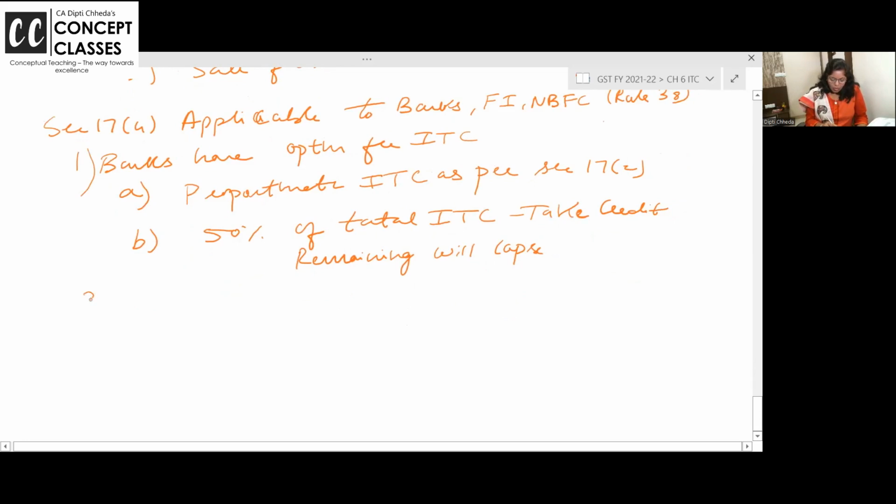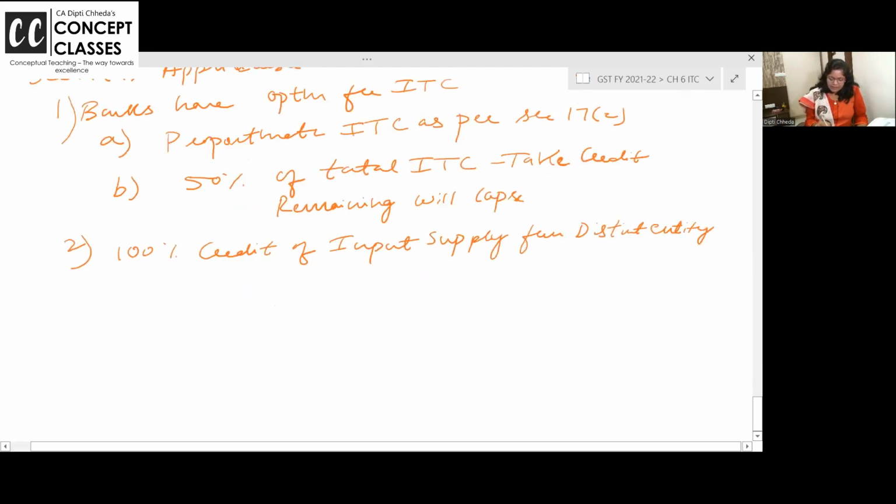ये ना बैंक को ऑप्शन है 100% क्रेडिट on input supply from distinct entity. What is distinct entity?